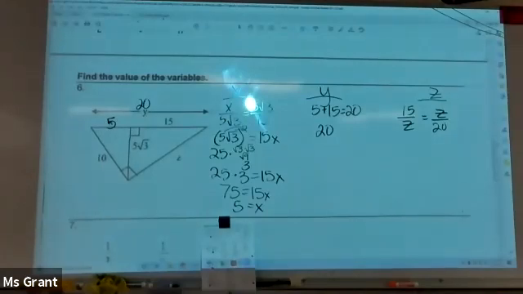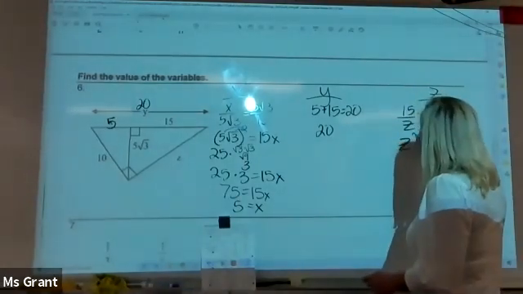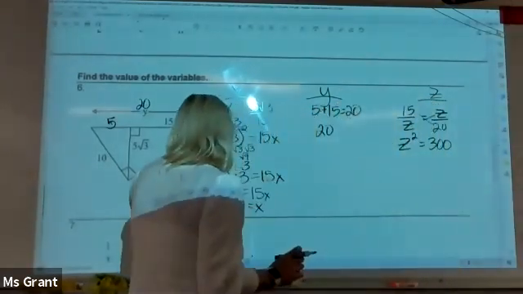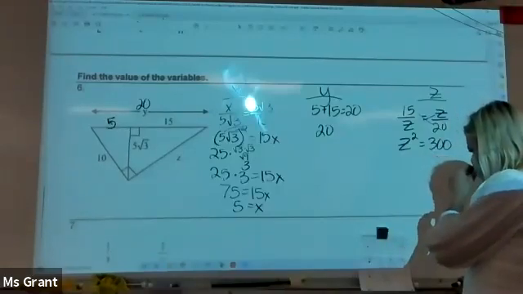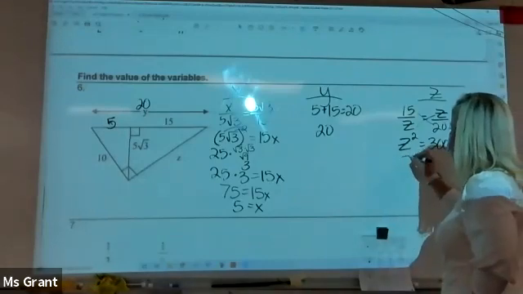So we're not going to use a 10 at all. We only use, no, we didn't need to. 15 times 20, 300. Z squared equals 300. 100 times 3?